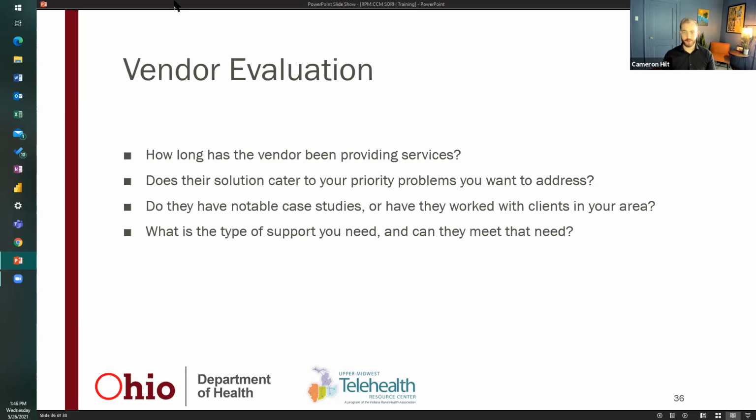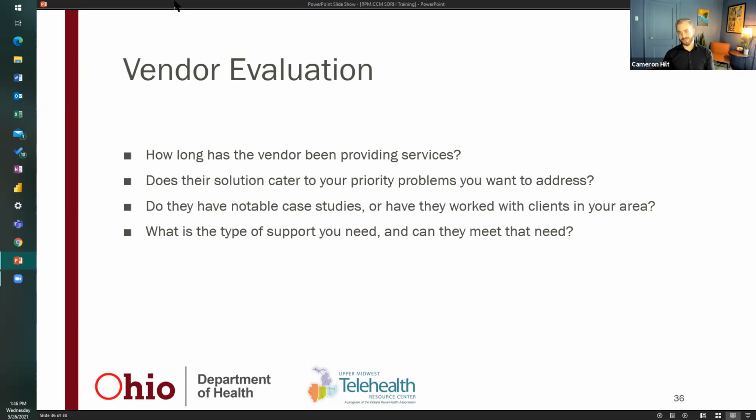If you're a rural hospital, do they have some experience working with rural clients? Do they have some experience with working with some of the particular patient populations that I'm wanting to target with these programs to ensure that ultimately it will be successful within that particular population as well? So that can be a good thing to evaluate as well when you're looking at different vendors.